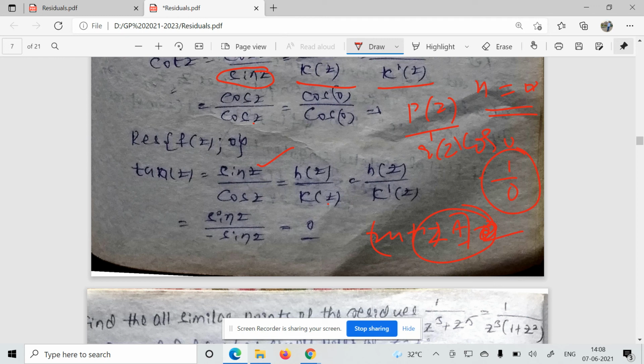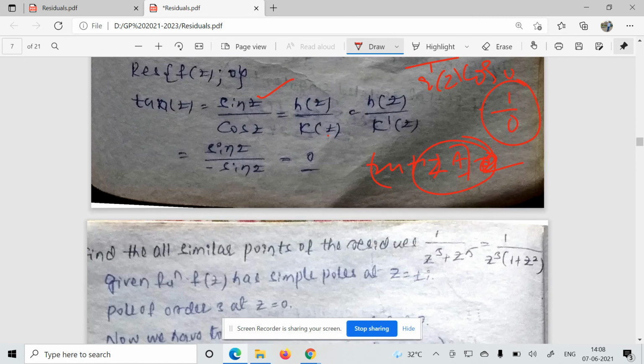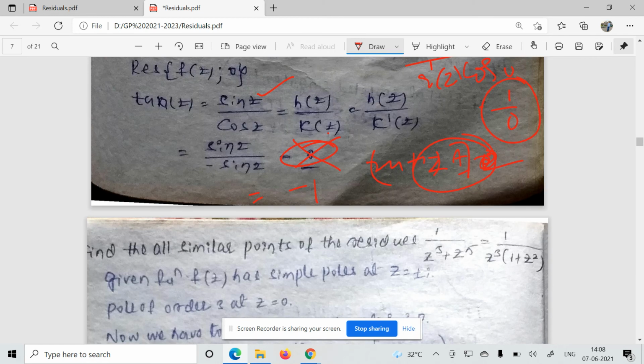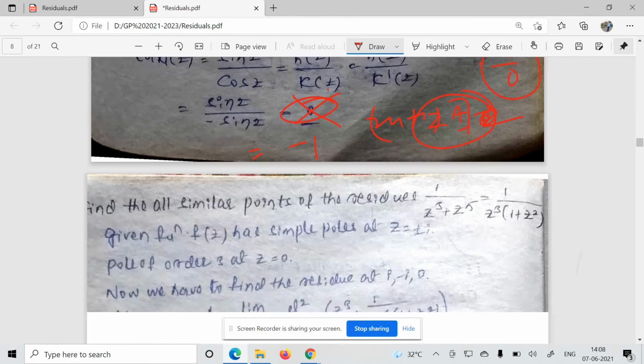The derivative of k of z, cos z, is minus sin z. So sin z by minus sin z is minus 1. Sorry, a writing mistake earlier. Minus 1 is the residue value of tan z.